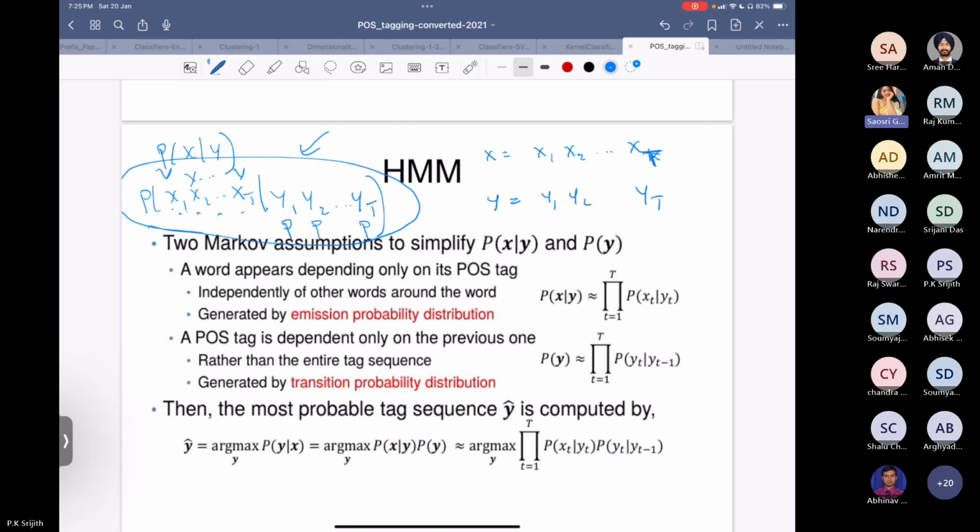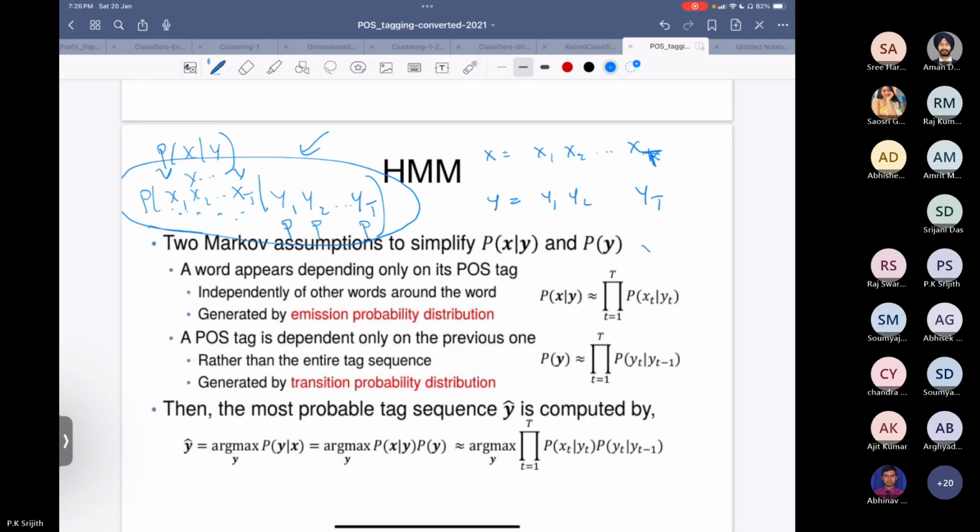Sir, can you repeat the question again? How many parameters do you have to estimate to model p of x1 to xt given y1 to yt? V into p to the power t. Sorry? V to the power t.